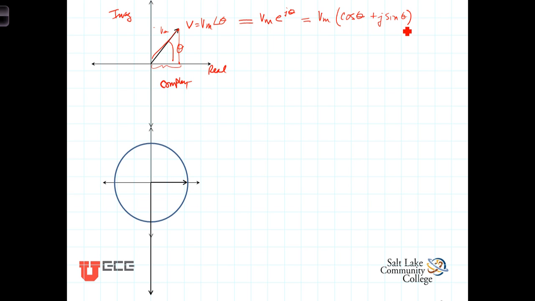And just a little bit of nomenclature here. We can say then that the real part of V is equal to V sub m cosine of theta, and the imaginary part of V is equal to V sub m sine of theta.